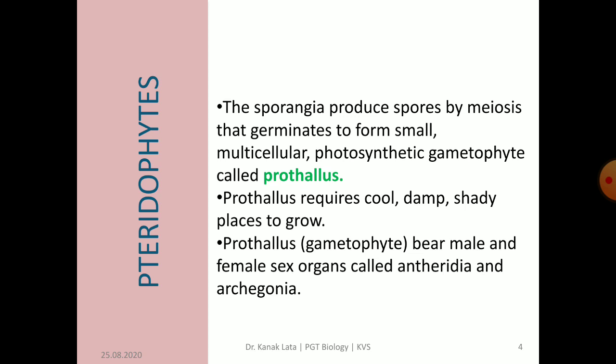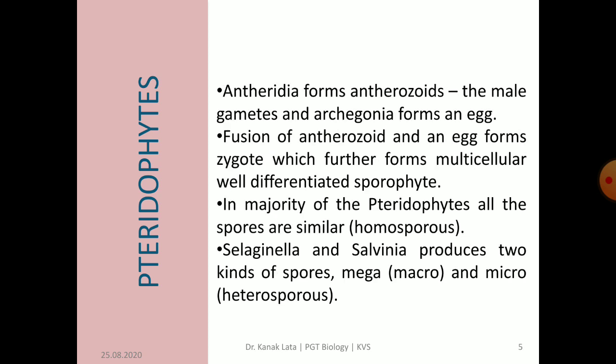Cool, shady and damp places are required for the growth of prothallus. Further, this prothallus forms the male sex organ antheridia and the female sex organ archegonia. Like bryophytes, in pteridophytes also, antheridia form the male gamete, that is antherozoid, and archegonia form the female gamete, that is an egg.